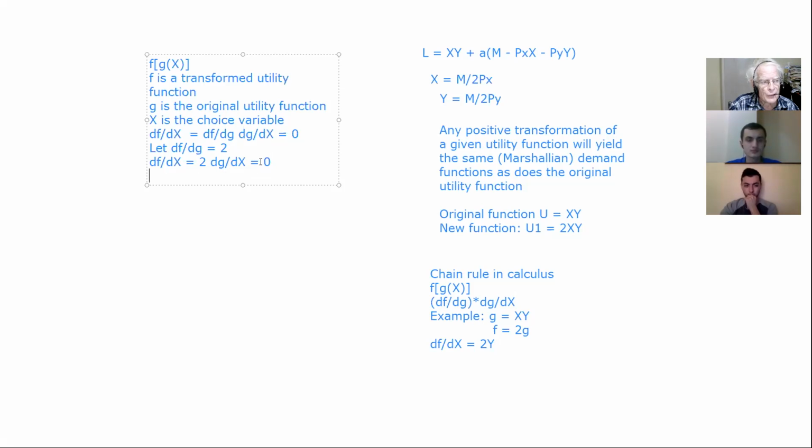Divide through both sides by 2, and we have that dg/dx is equal to 0 in this case. In other words, we may choose x to maximize g, the original utility function. And then by the chain rule, that same choice of x will maximize f.